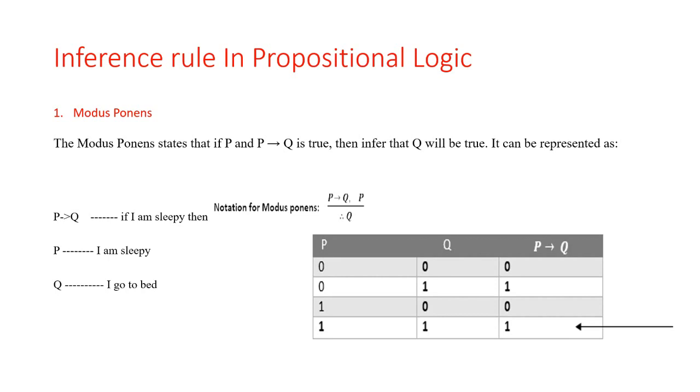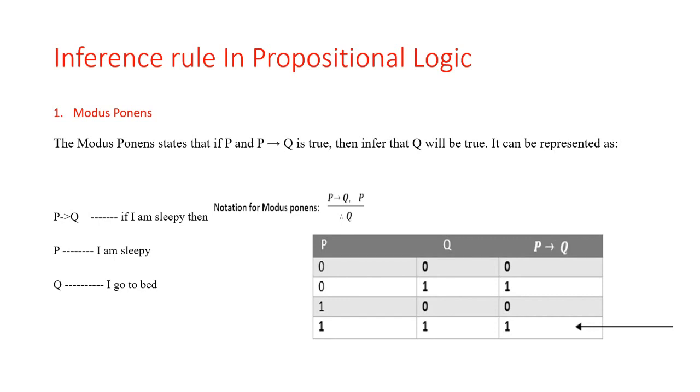The modus ponens rule is one of the most important rules of inference, and it states that if P and P implies Q are true, then we can infer that Q will be true. It can be represented in notation form: if P implies Q is true and P is also true, then it will infer that Q is also true. So this is the representation of modus ponens.